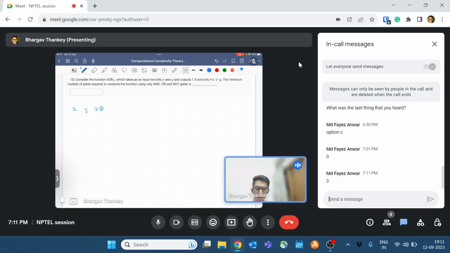Okay, how can you compute this using three gates? Do you have a circuit in mind which can do this using three gates?